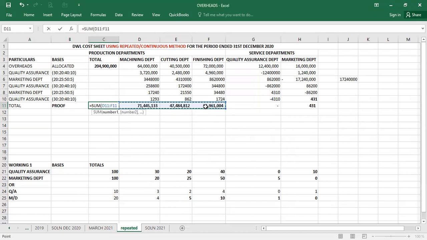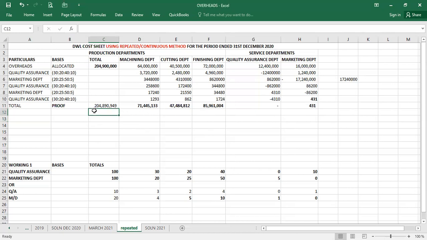You can even proceed from this side. You see this figure? It is not exactly this one, but the difference is this figure we call the immaterial, or the insignificance. When you add it here, let's try to add it here.